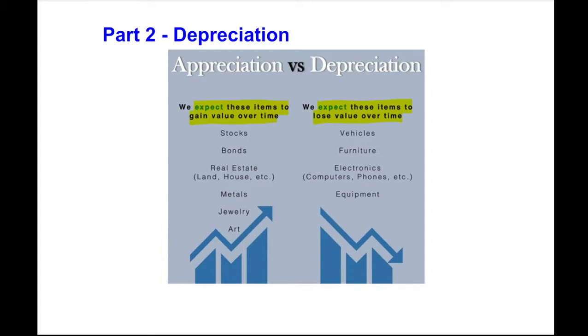Or same with computers, right? The original MacBooks are not worth the same as the current MacBooks because the technology in them isn't the same. It's older, or maybe they tend to be less reliable the older they are. Especially technology might break down, might stop working, things like that.